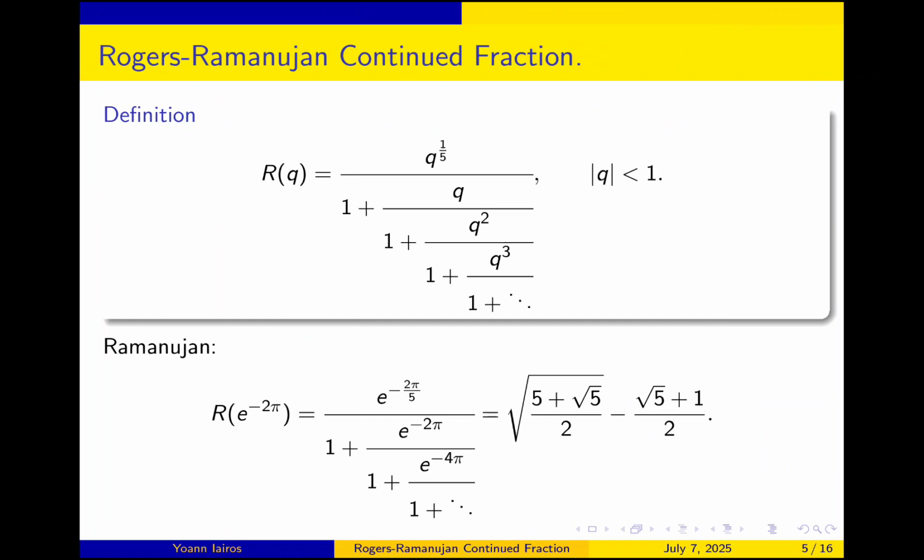The theorems which Ramanujan had about the Rogers-Ramanujan continued fraction served to give Hardy a very high opinion of him when he sent him letters, as everyone knows. And among his theorems was included the explicit evaluation shown on the screen. And Hardy was very impressed by these theorems and said that they must be written down by a mathematician only of the very highest class. And indeed, Ramanujan was of the very highest class.